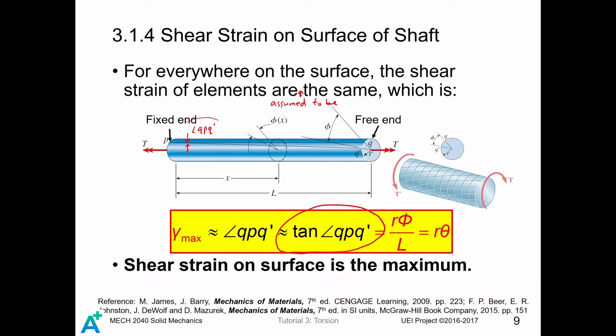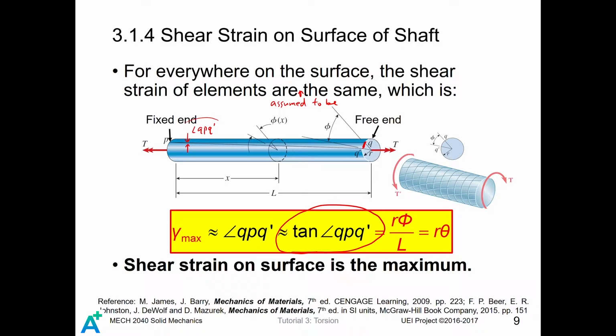Then it equals the length of this arc, which is R phi, divided by the length of the bar, which is R phi divided by L. But we know that phi over L is just the rate of change of angle of twist, theta, so it is simply R theta. Notice that the shear strain on the surface is the maximum.